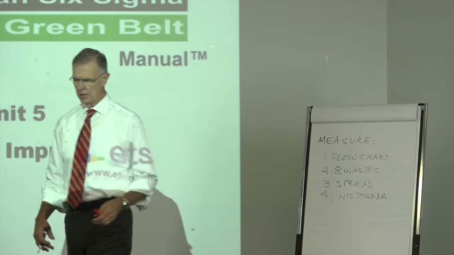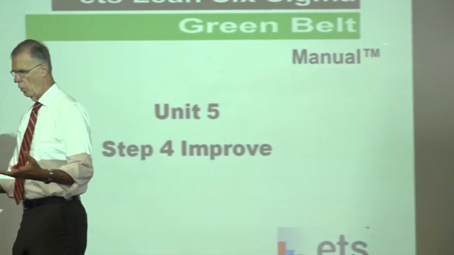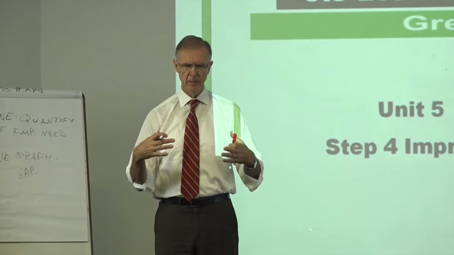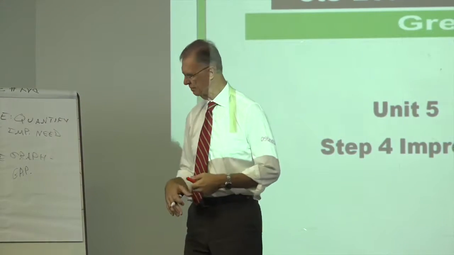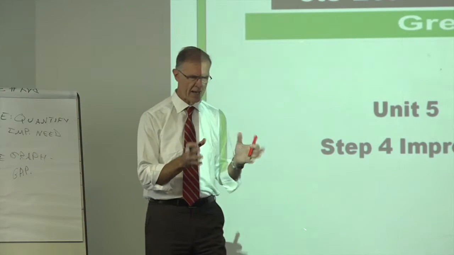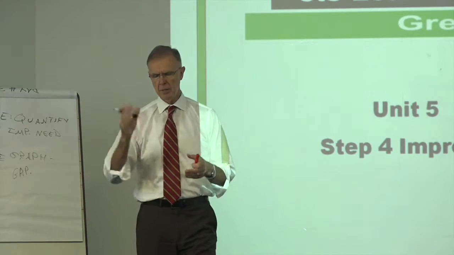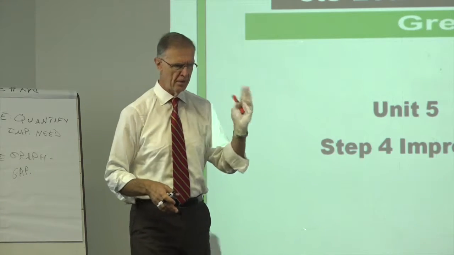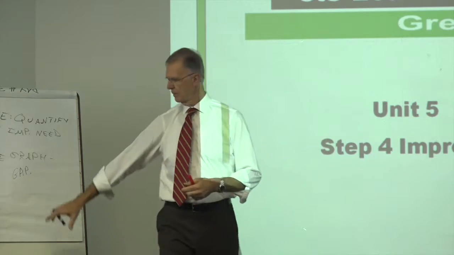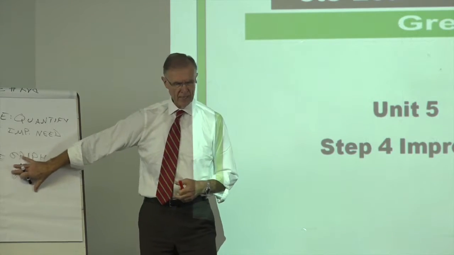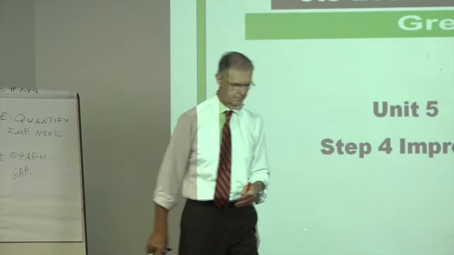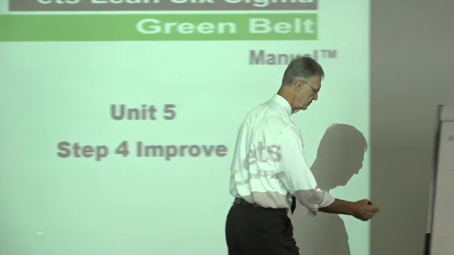And the histogram is going to show us what this process is capable of doing in terms of time. If it's countable data, like the number of defects or the number of absentees, what chart would we be using to analyze the data? That would be the Pareto.